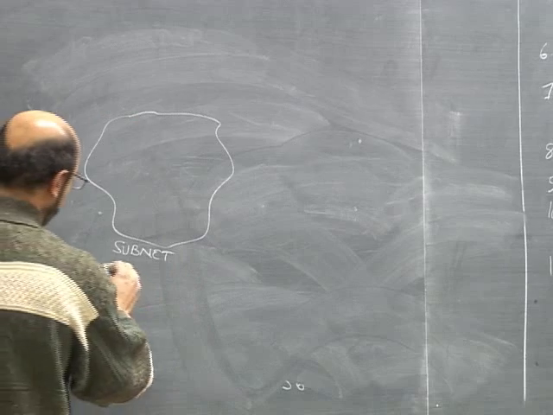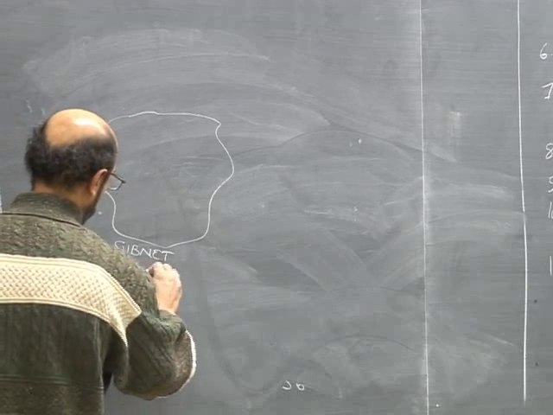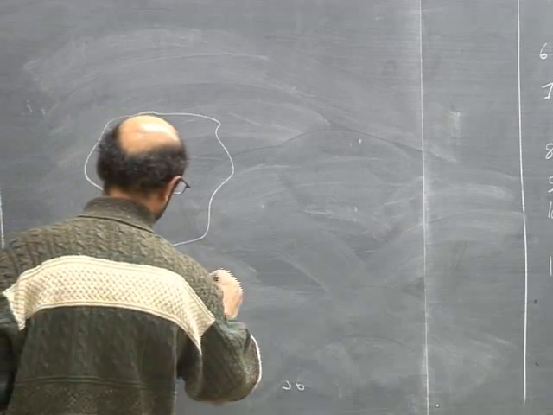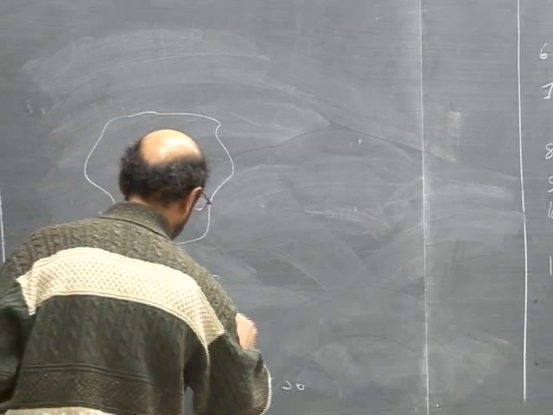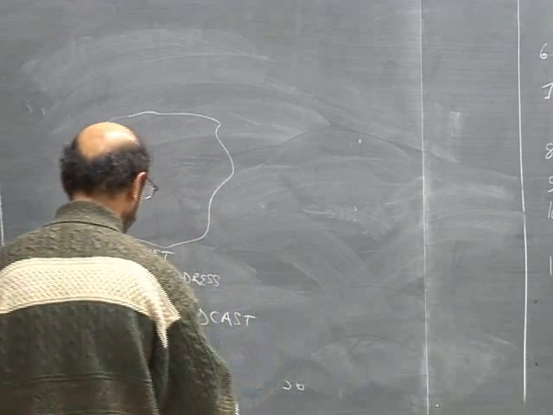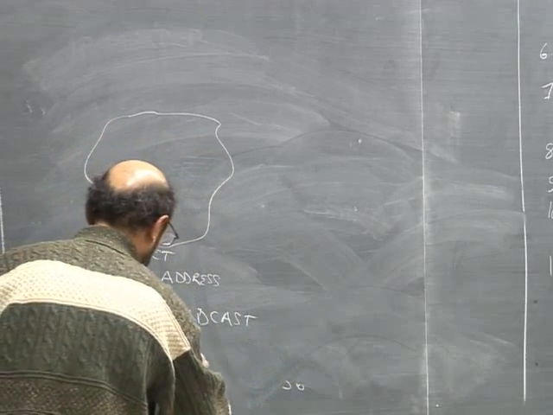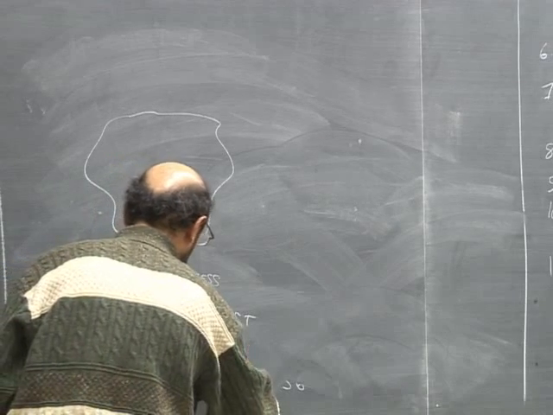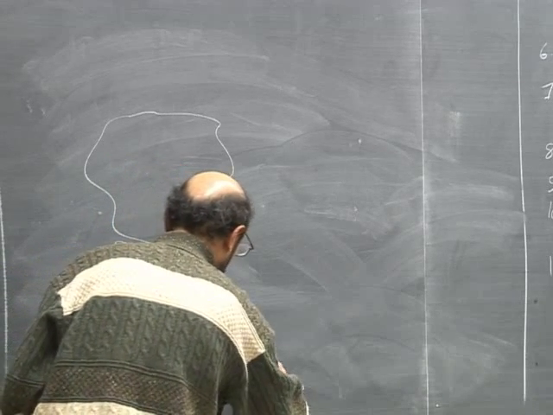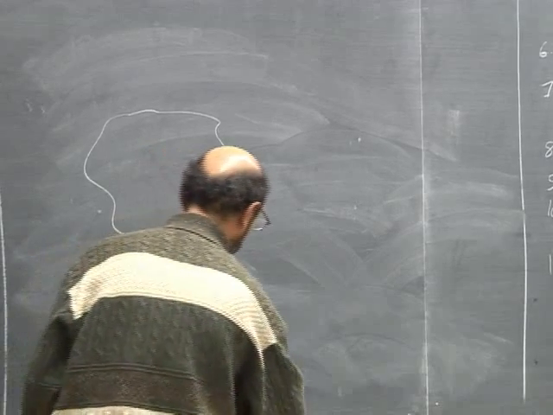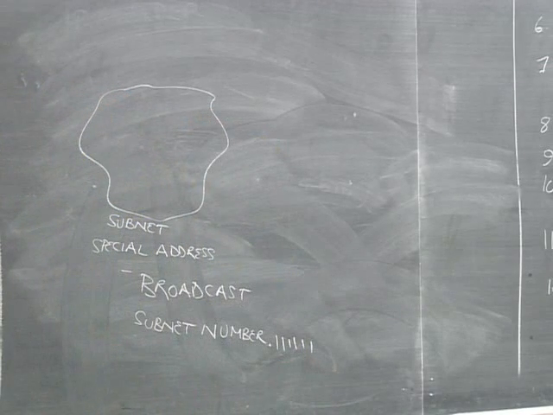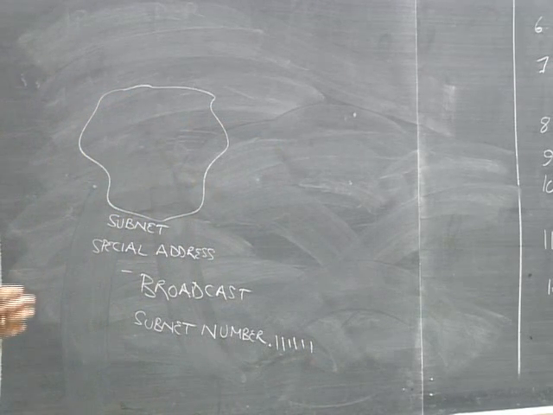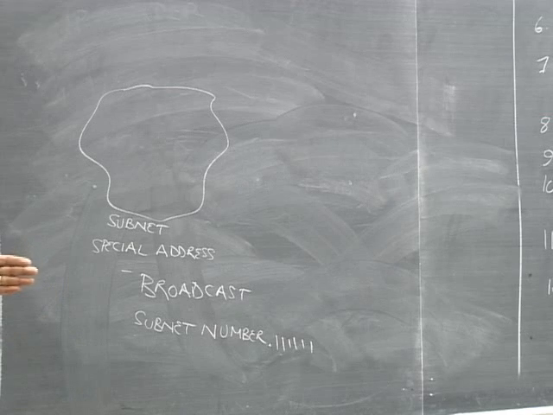And I'm going to have a special address over here, called the broadcast address. The broadcast address is typically the subnet number followed by all ones, however many it takes to fill it out. So if I have a slash something, and I fill it out with all ones after that, that's a broadcast address.